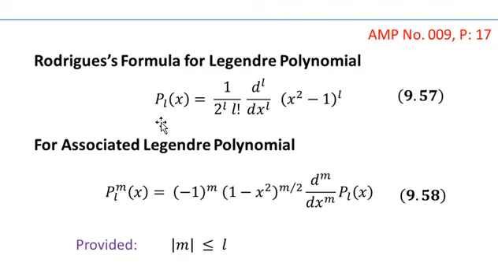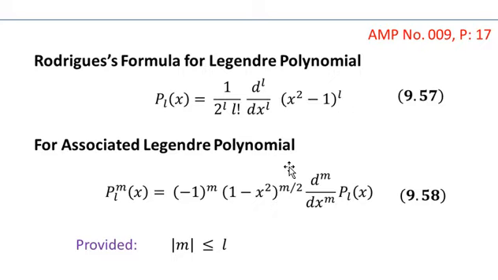That is, PL as a function of x is equal to 1 over 2 to the power L times L factorial, and then the derivative to the power L, that is d over dx raised to the power L, operating on x square minus 1 raised to the power L, where you can choose x equal to cos of theta when dealing with the hydrogen atom. So this is the relationship given by Rodrigues for the Legendre polynomial.